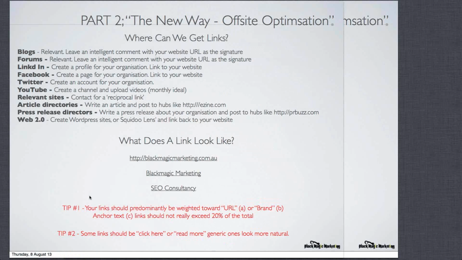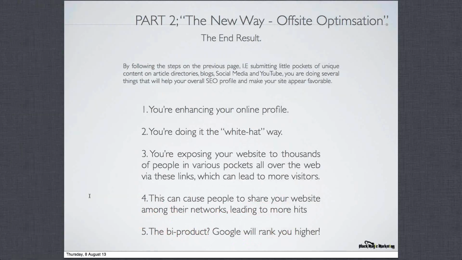So if you follow the steps on the previous page, submitting little pockets of unique content on articles, directories, blogs, social media, and YouTube, you're doing several things that will help your overall SEO profile and make your site appear favorable. 1, you're enhancing your online profile, which is always good. You're doing it in the white hat way, which is very, very important.